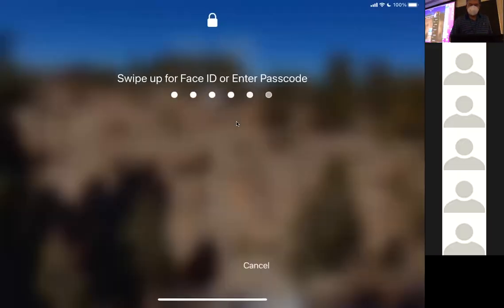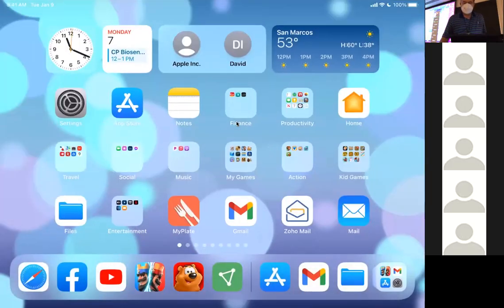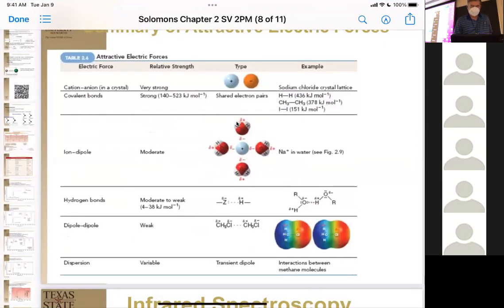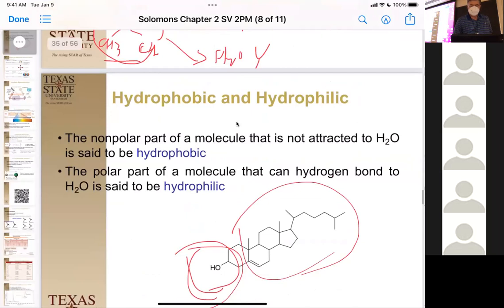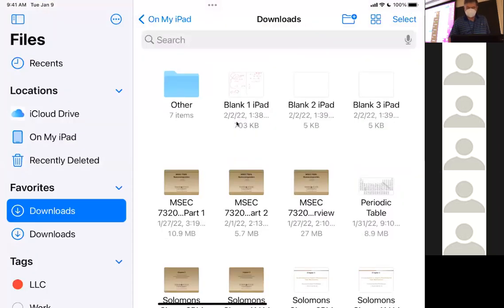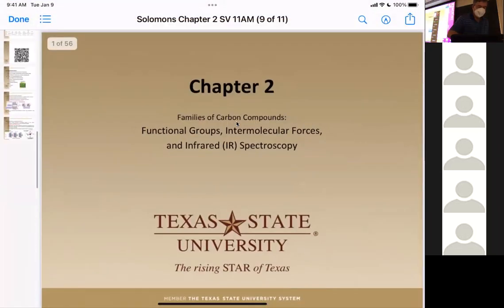Second thing I'm going to do is share my screen via cable, and share my files right here. And this is 2 p.m., so we're 11 a.m. So we're at the end.